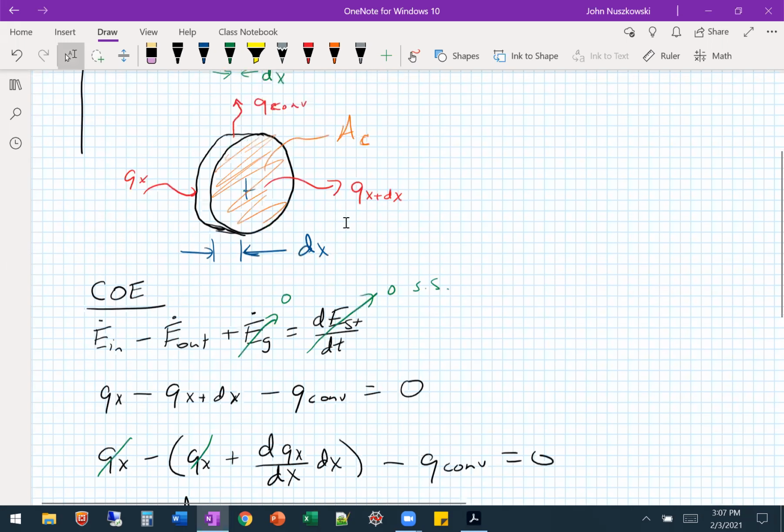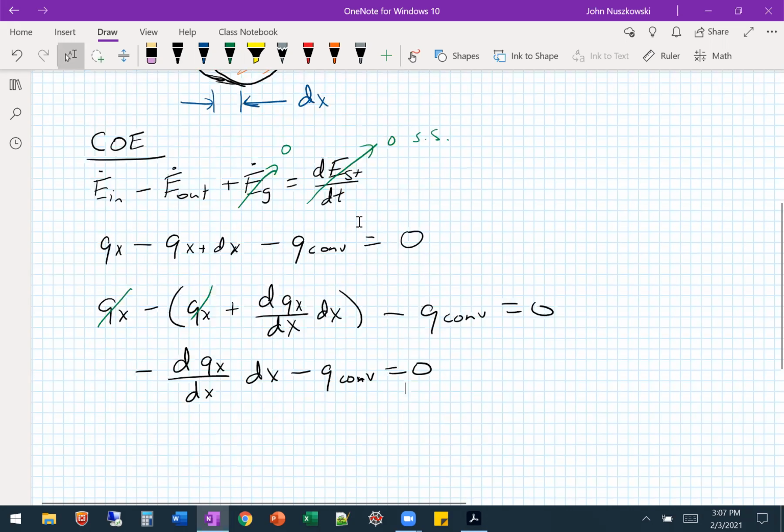What do we put in for Q convection? h times the change in temperature. Yeah, so we have our Newton's law of cooling we'll put in for that, right? Okay. What about for Qx?